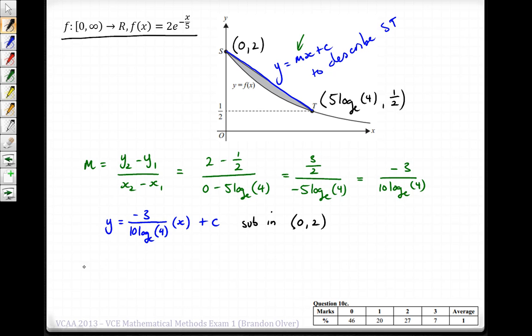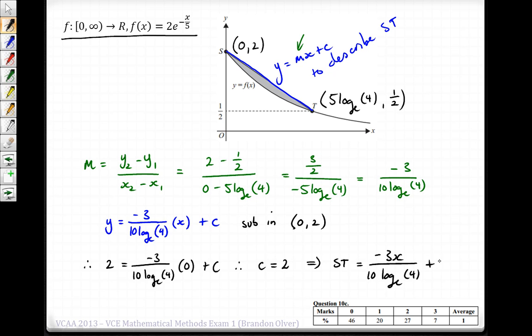So therefore 2 equals minus 3 over 10 log e of 4 times 0 plus c. Therefore c equals 2, which implies that ST can be described as minus 3x over 10 log e of 4 plus 2. So that's the blue equation up the top that describes my line segment.